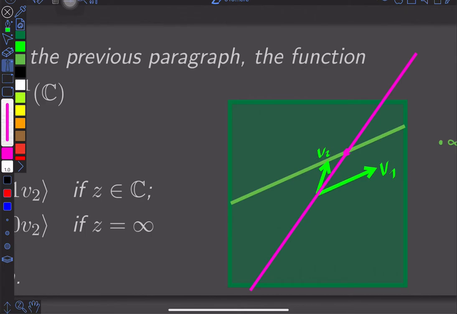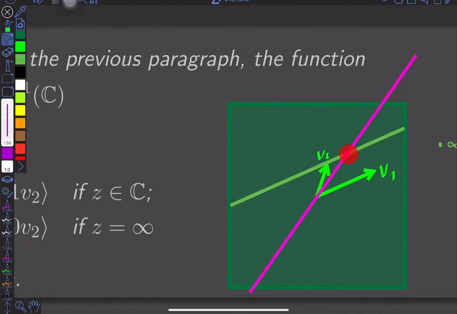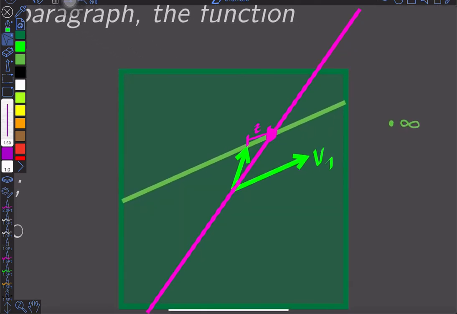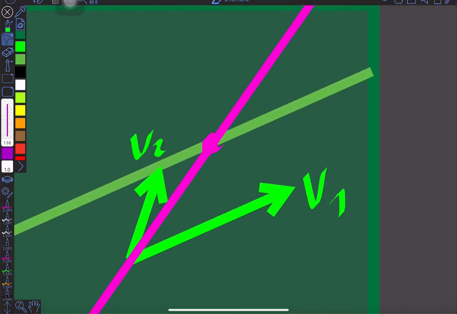So this vector that you are seeing here is actually of the form V2 plus Z times V1. So Z really is just this scalar magnitude.